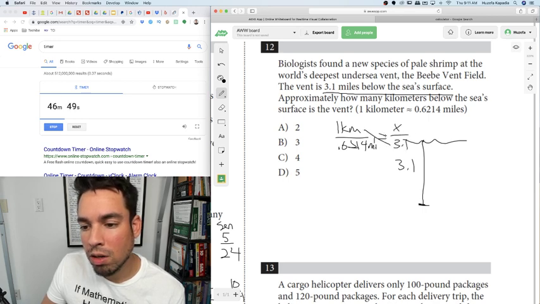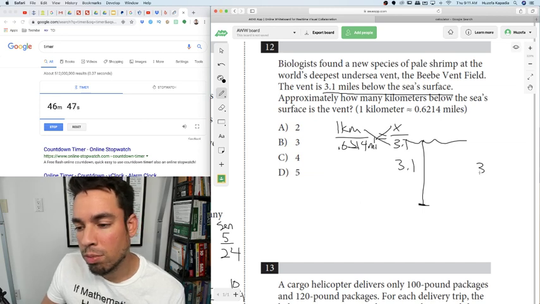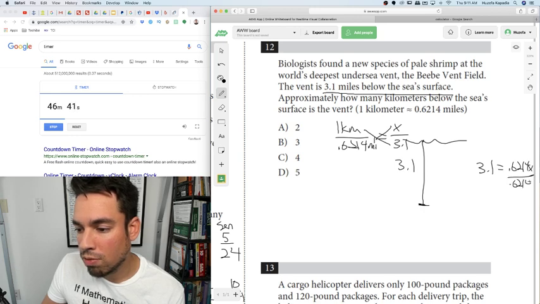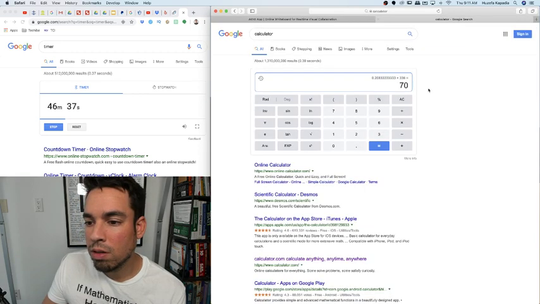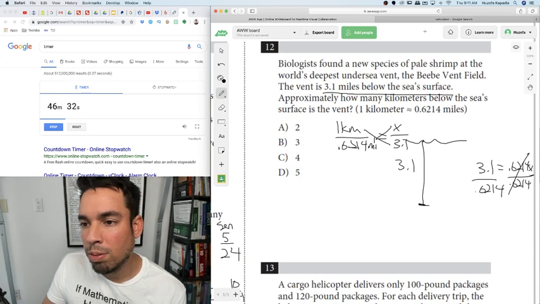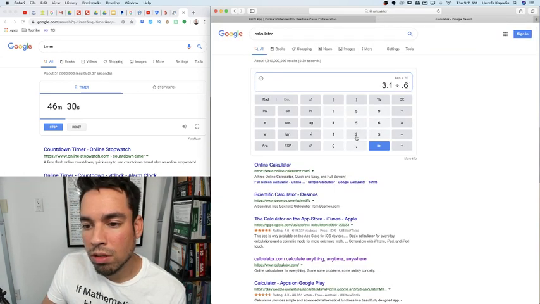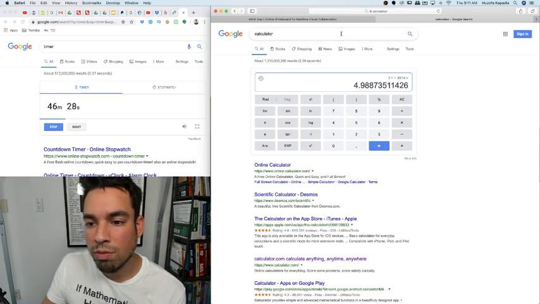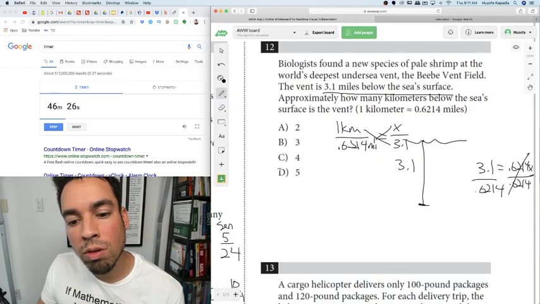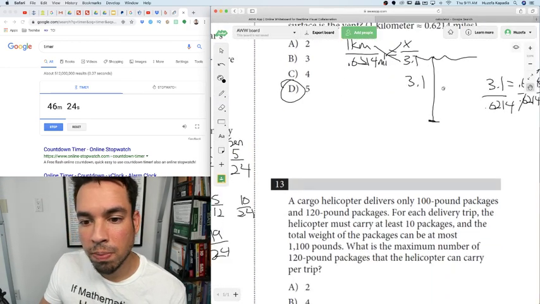Then we cross multiply. 3.1 equals 0.6214X, and then divide by 0.6214. 3.1 divided by 0.6214 is 4.988, or 5.